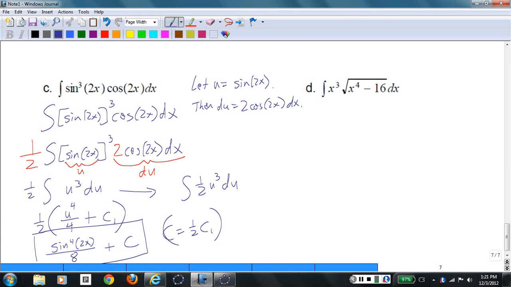So it's 1/8 u to the 4th plus c, and then you do the substitution. I just kept the 1/2 on the outside of the integrand, so I felt like I should probably do that, because this constant of integration is technically different from this constant of integration, even though they're both arbitrary.